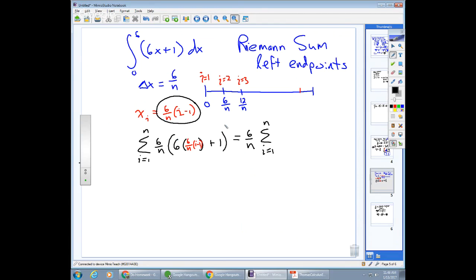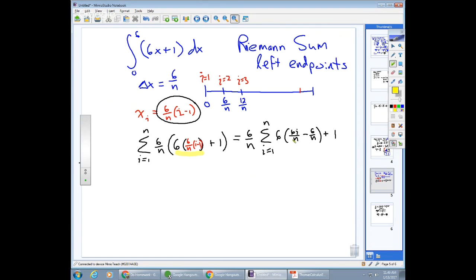And I have to distribute the 6. So doing this carefully, I have that 6 on the outside. And then I have 6i over n minus 6 over n. And then I have a 6 that is just times that. Then we have a plus 1 on the outside.